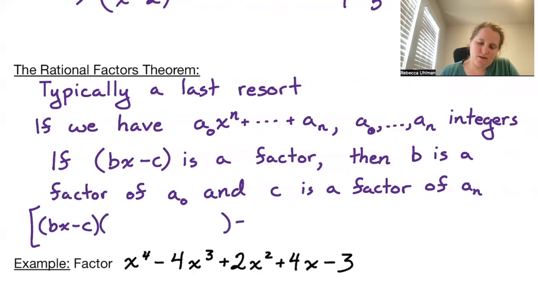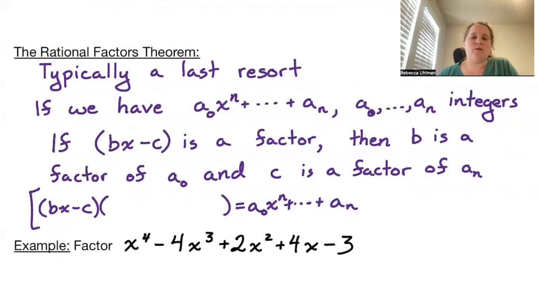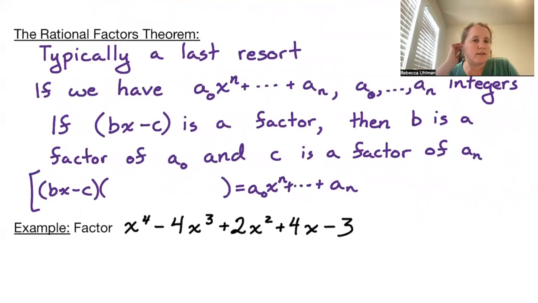times something equals a naught x to the n plus a sub n, the only term with x to the n will come from the leading p0 x to the n minus 1. So we'll have b times p0 is a naught.